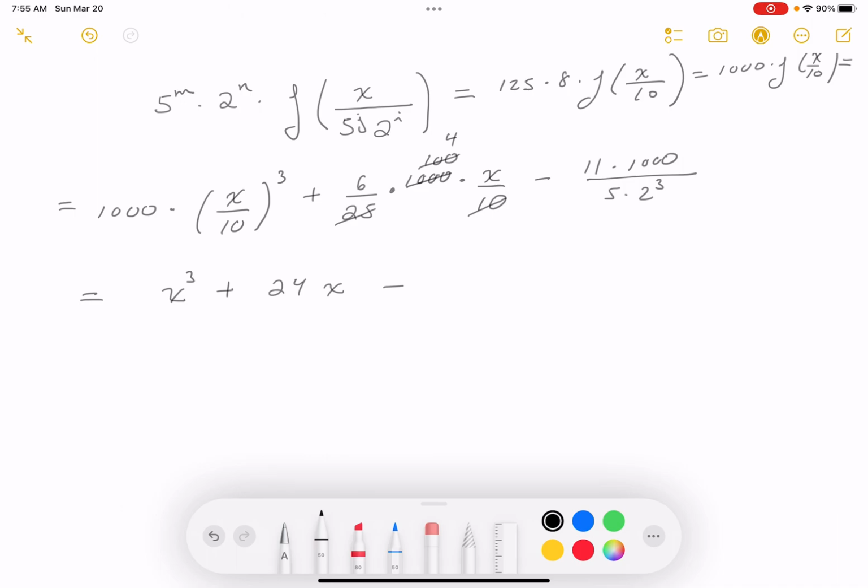Let's see. 5 goes into 1,000 200 times. And then this goes in, let's see, that's 8, 25 times. So you get 250 on 25, 275.